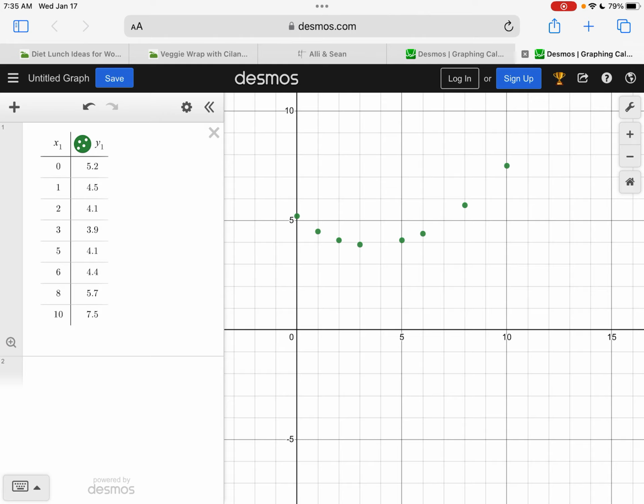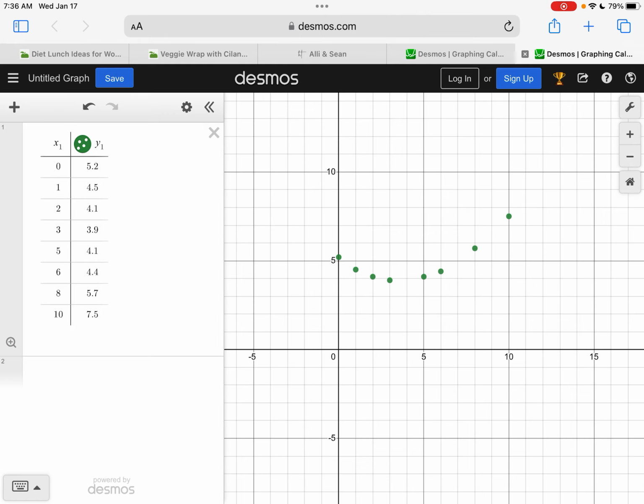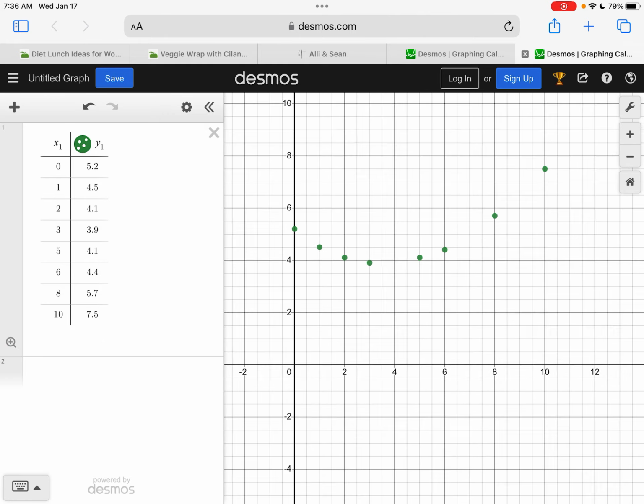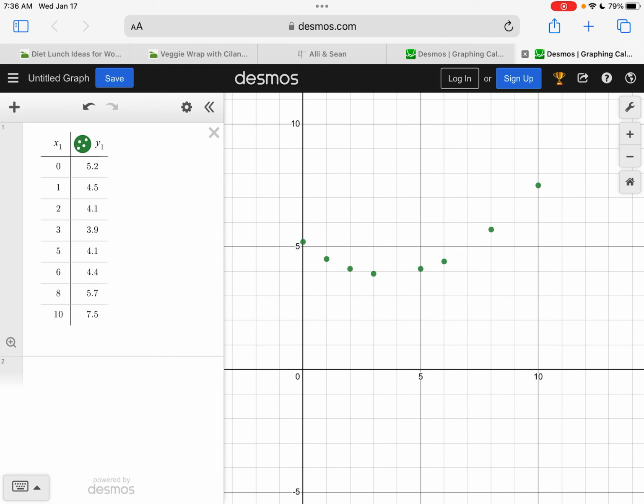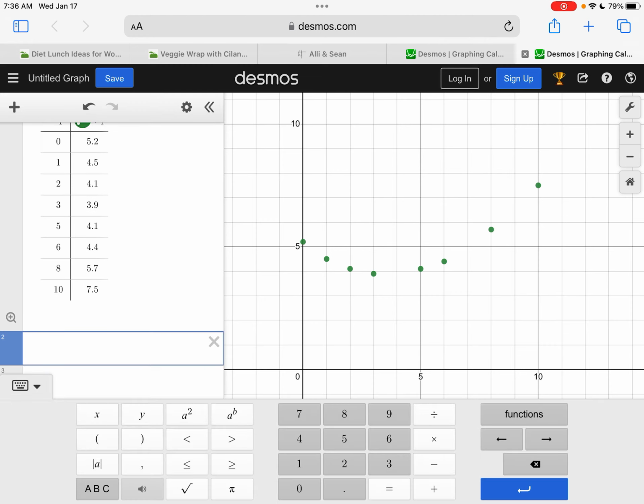All right, and so now we can see the same image that we had drawn on our scatter plot together, but now we want to see if we can find the potential line of best fit.